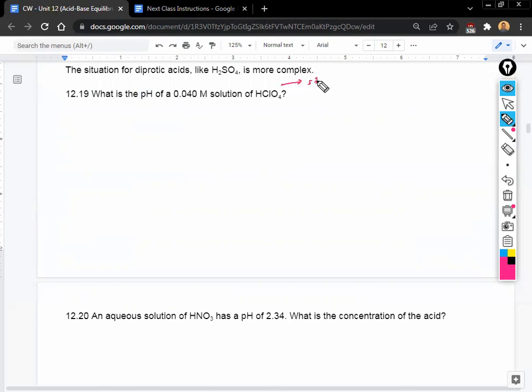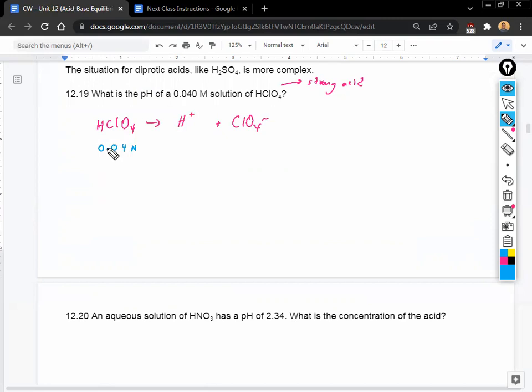Strong, yeah, this was on our list, right? So this is a strong acid. Okay, what that means is if we have HClO4, it's going to break down completely into H+ and ClO4 minus. So this tells us that HClO4 has a concentration of 0.04 molarity, right? So if it breaks down completely into these 2 compounds, what is the concentration of H+ when it breaks down? Not 1.